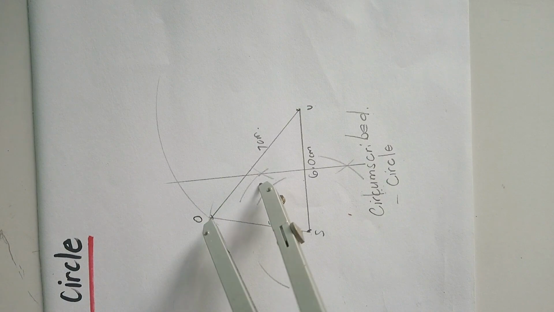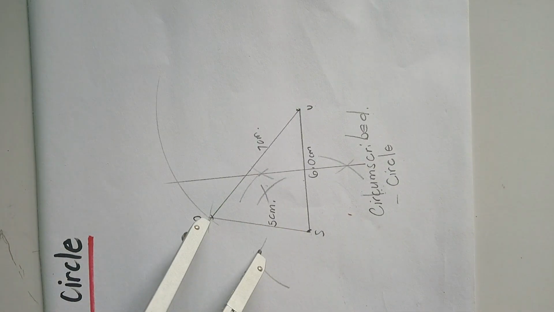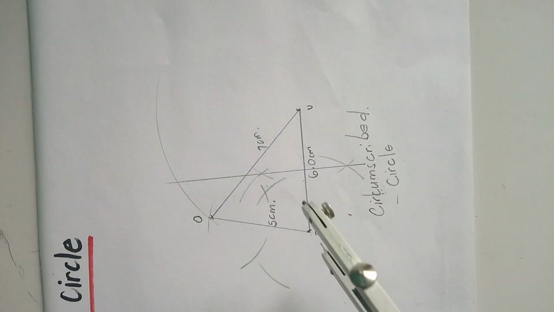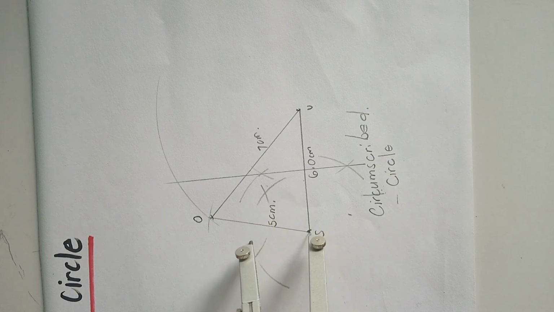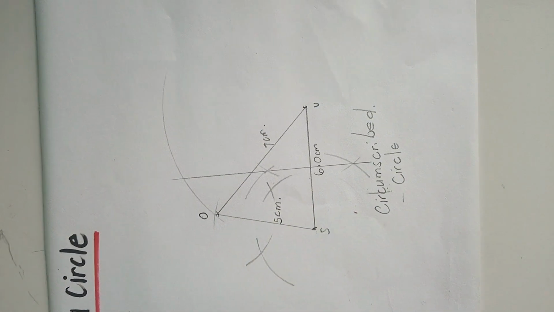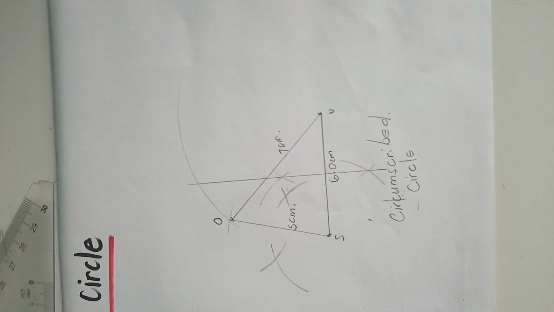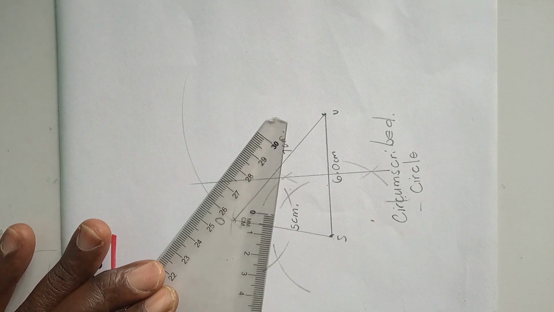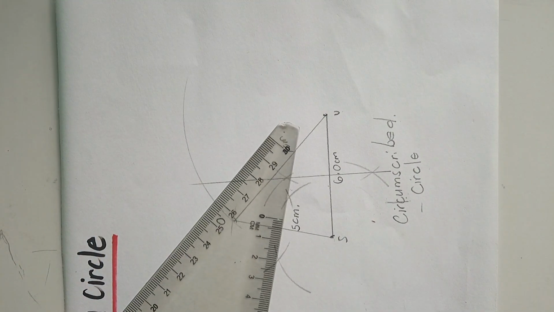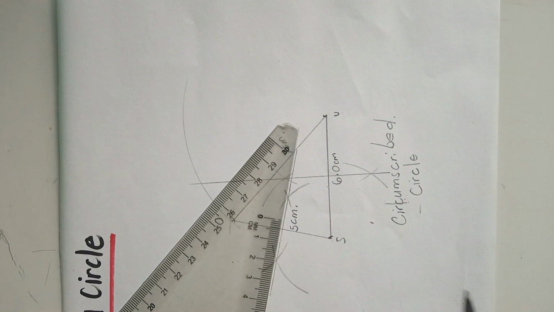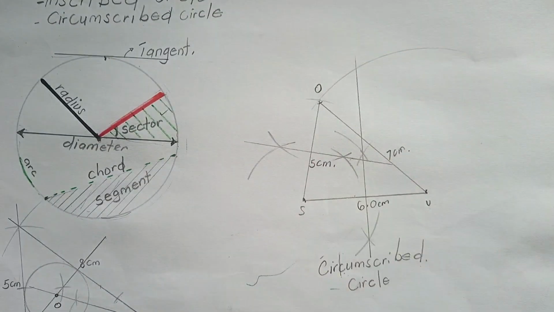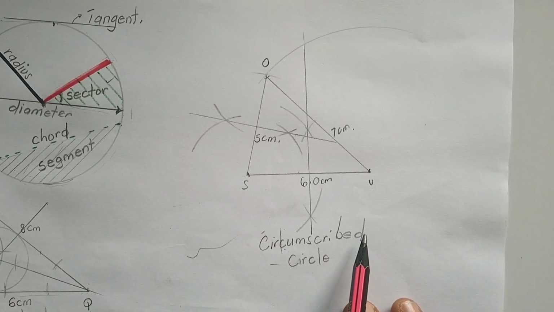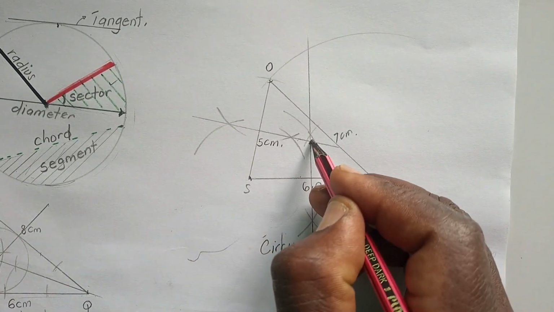I stand there, make an arc there and another arc there. They are not touching. So I rectify it that way, and then I draw my perpendicular line accurately like that. So they are meeting at this region.